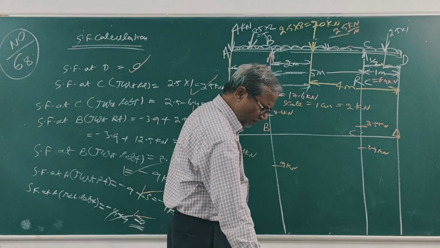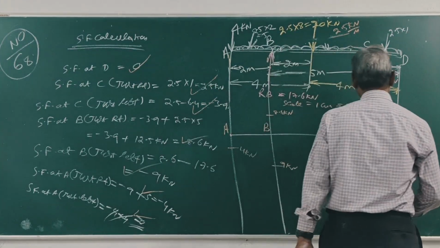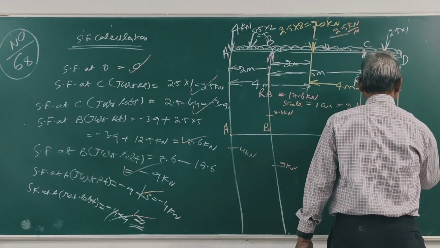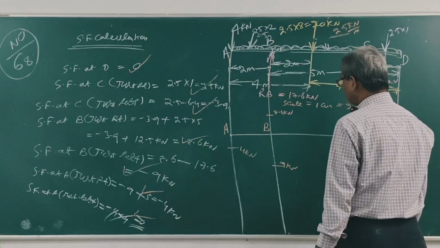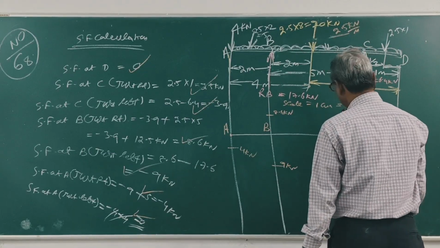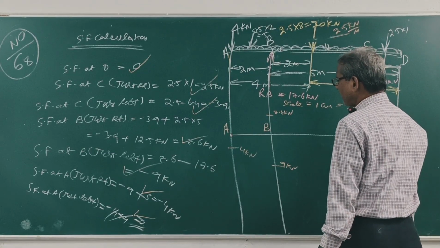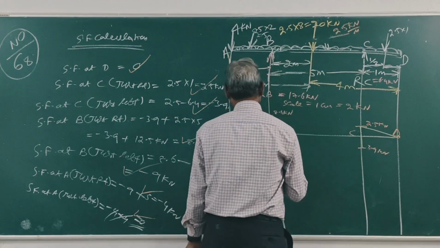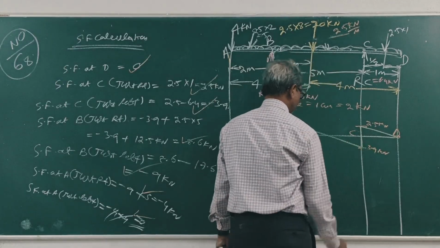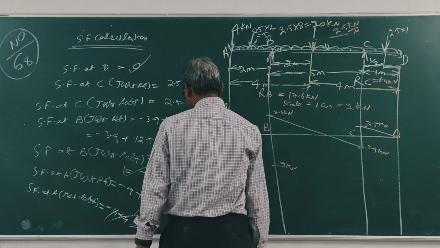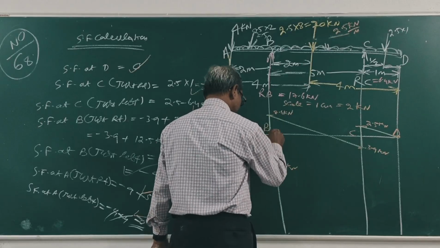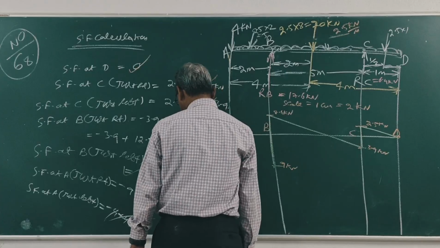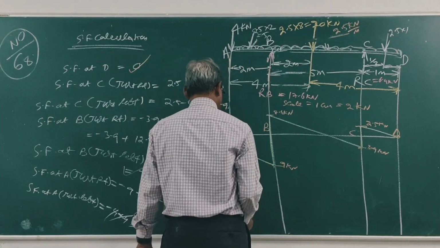First D 0, C 2.5, again C left minus 3.9, again B right 8.6, again B just left minus 9, again A just right minus 4, A left 0.